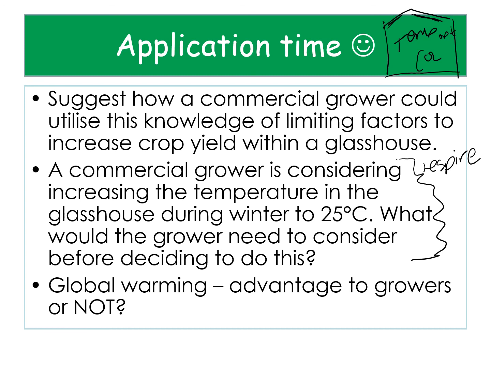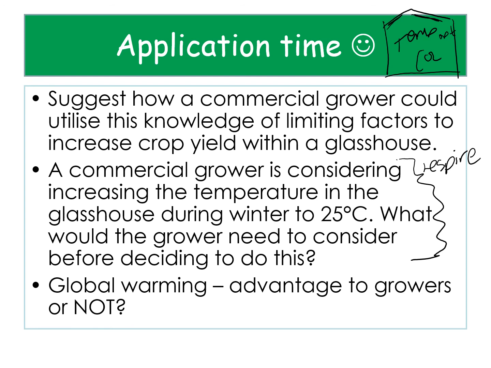So that is an important consideration. If light were limiting, increasing the temperature wouldn't give you an increase in rate of photosynthesis, but it would increase your rate of respiration and would actually cause a reduction in yield. So you're losing money further.